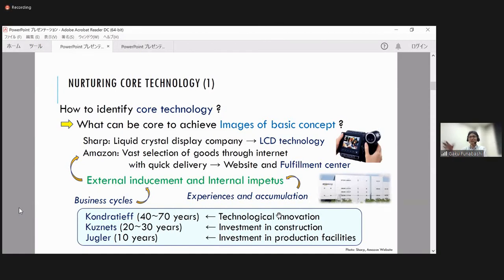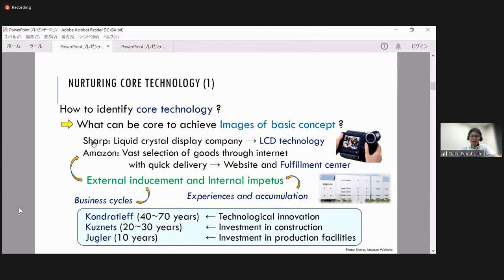Customers have to pay for the transportation separately. In the case of Amazon, because they can send all the product together in the same box, they can save the transportation cost much less. So Amazon had such kind of images. That is why they try to invest on this.